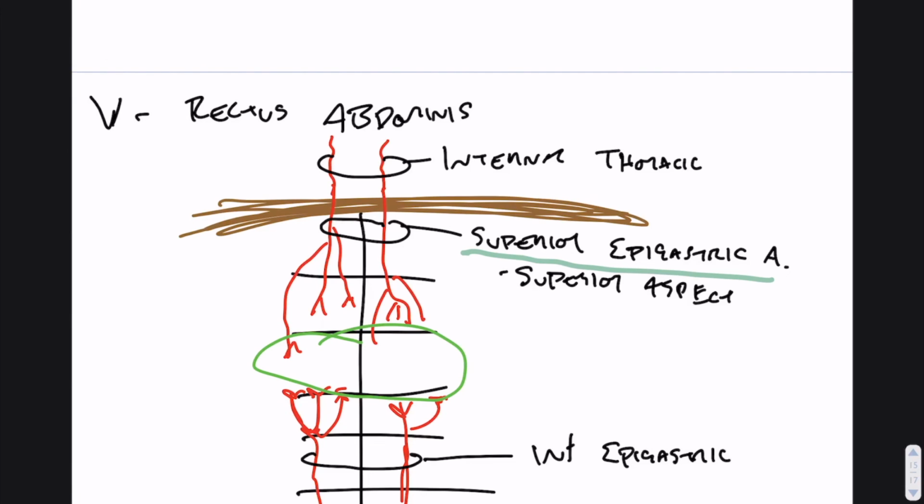And that's going to supply the superior aspect of the rectus abdominis. So the superior part of that muscle is going to be supplied by that. So that trace would be the subclavian to the internal thoracic to the superior epigastric. And that would supply the rectus abdominis, the more superior part.